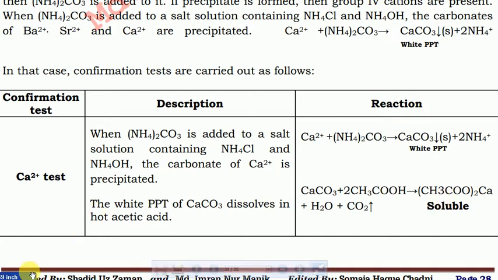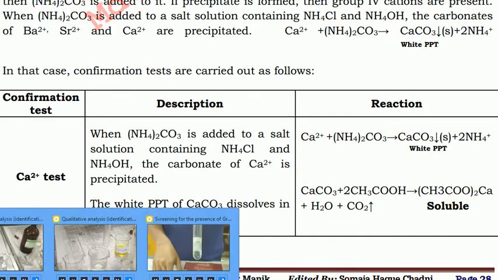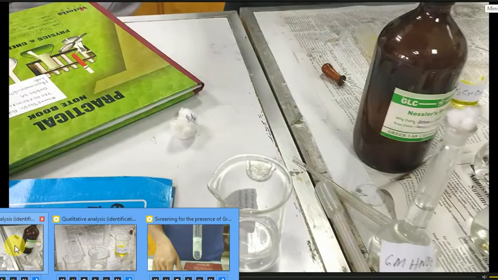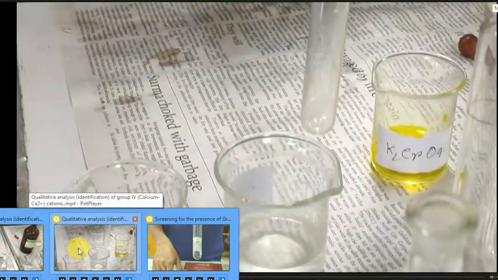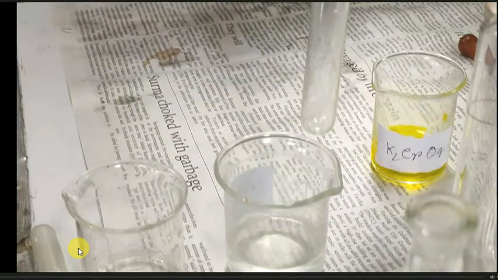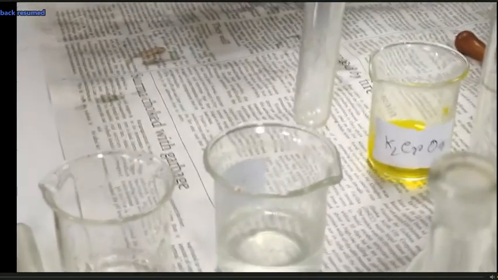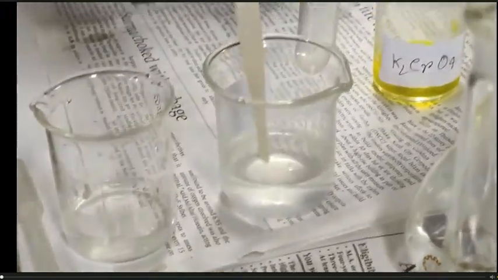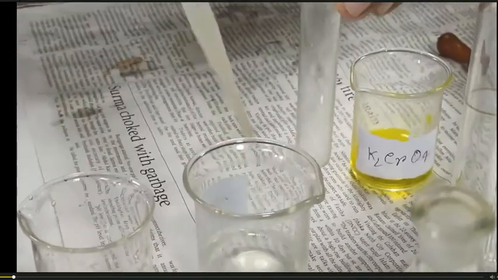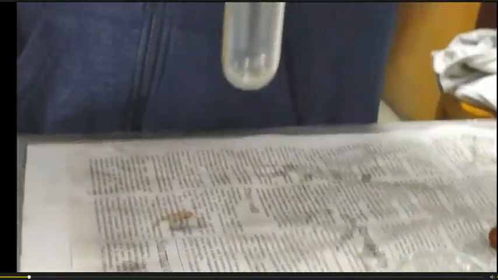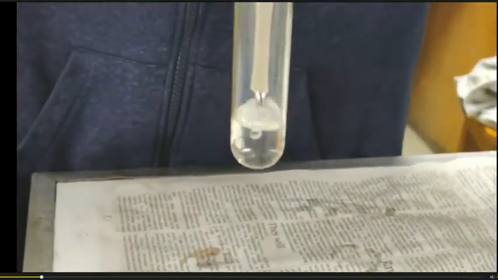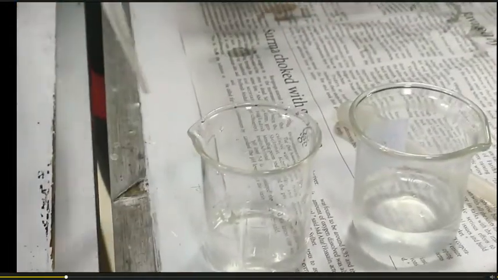Okay, now let's take a look at how the confirmation for the presence of calcium ion is performed in the lab. For the presence of calcium cation, we are taking the sample solution in the test tube. Into this test tube, we are adding ammonium carbonate.